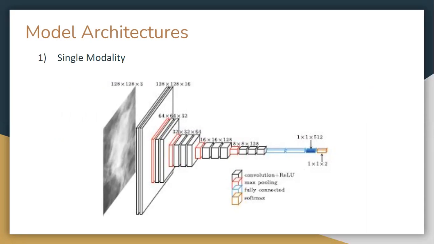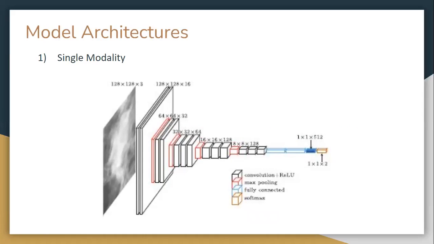So the authors have provided us with two model architectures. Number one is a single modality. Here they have given two convolutional neural networks, one for each modality. Here the contoured lesions were cropped into image patches and subjected to geometric transformations like translation, rotation, and flipping to augment the dataset and generate additional input.